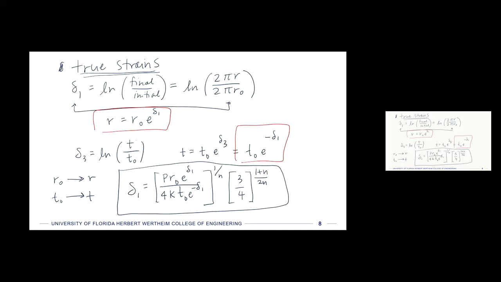So we've taken these exponentials and plugged them in so that we account for the changing dimensions. I see what the question is though. It's like we have multiple expressions with delta 1. I guess what we want in the end is a pressure. So let me think about that. I may make a post on the discussion board, like why are we not equating this to one of these other expressions? Yeah, it's a good question.